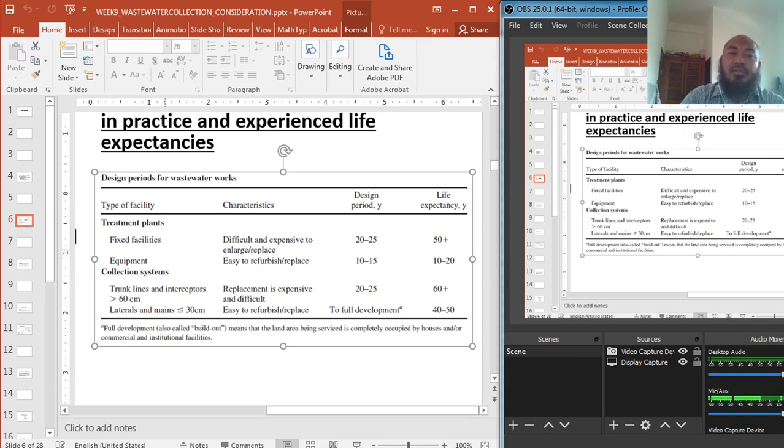But for a fixed facility, difficult and expensive to enlarge or replace, the design period could reach 20 to 25 years.